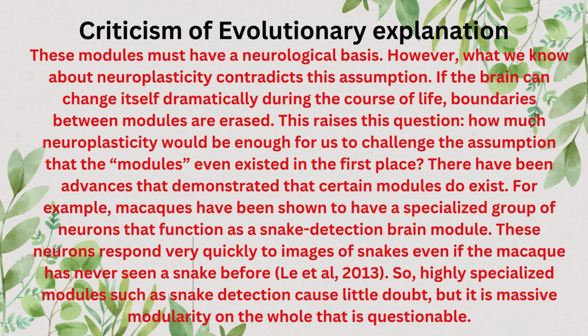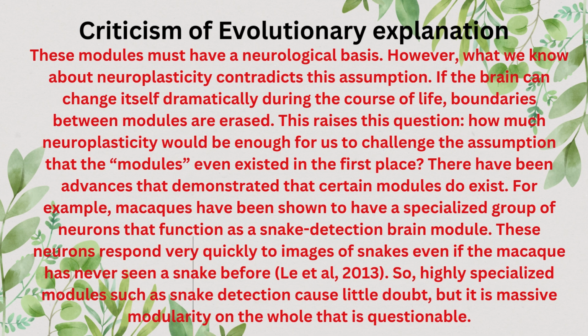However, what we know about neuroplasticity contradicts this assumption. If the brain can change itself dramatically during the course of life, boundaries between modules are erased. This raises the question: how much neuroplasticity would be enough for us to challenge the assumption that the modules even existed in the first place?